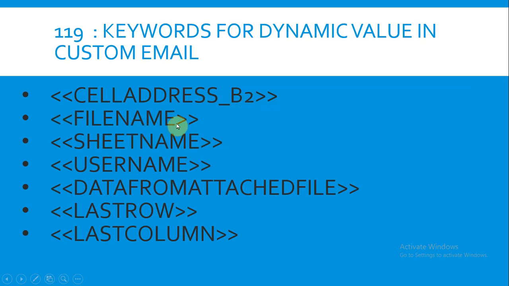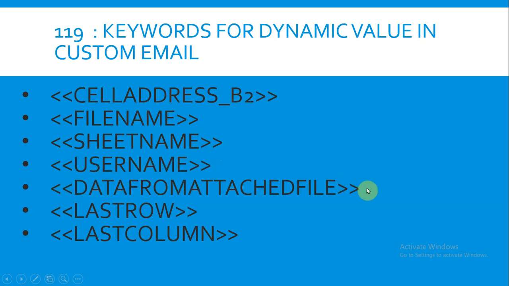If you need the real value of file name to be used, just simply put this keyword. If you think your value is in sheet name, you can use this one. Username is self-explanatory: the name by which you logged into the system, it will pick that.